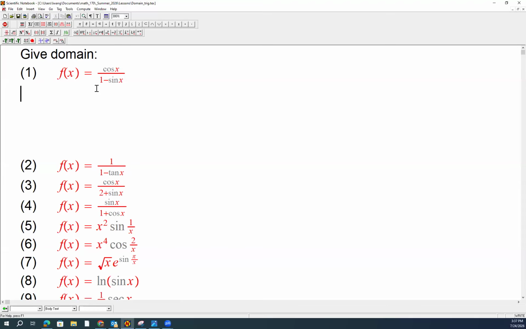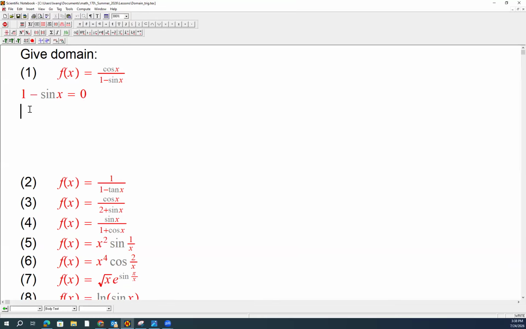So we can set the denominator equal to 0, and whatever solutions we get here will be excluded from the domain. To solve this equation, we get sine x equals 1.